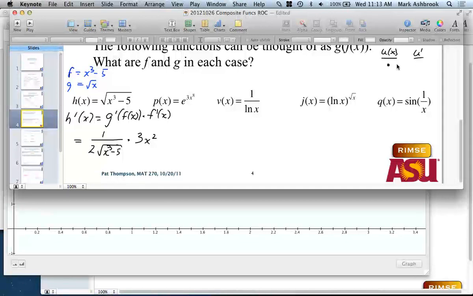If u is ln of x, the rate of change is 1 over x. If u is sine of x, the rate of change is, we didn't have time to derive all these, cosine x.